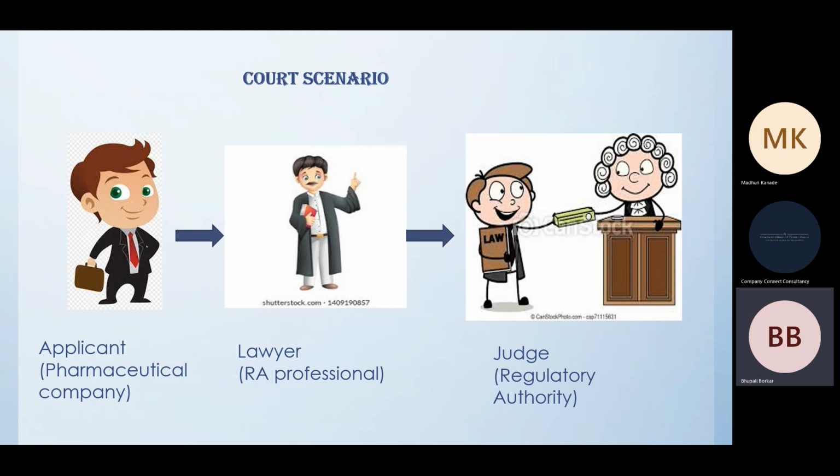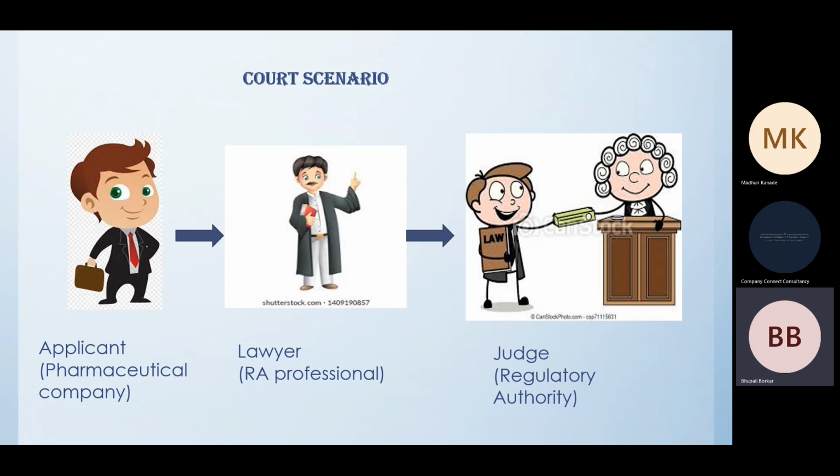He gathers the entire data for registration of a product from the pharmaceutical company and gives it to the judge, that is the regulatory authority, who decides whether this product is valuable or beneficial for them, and only then do they approve the drug. Then the pharmaceutical company manufactures and markets the product for this particular country or area.